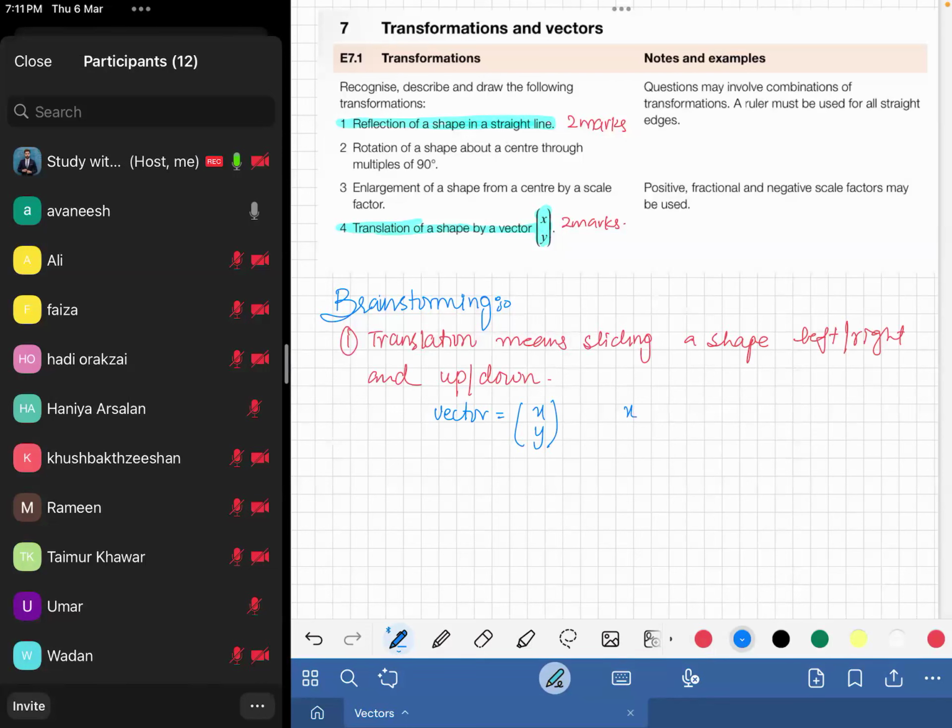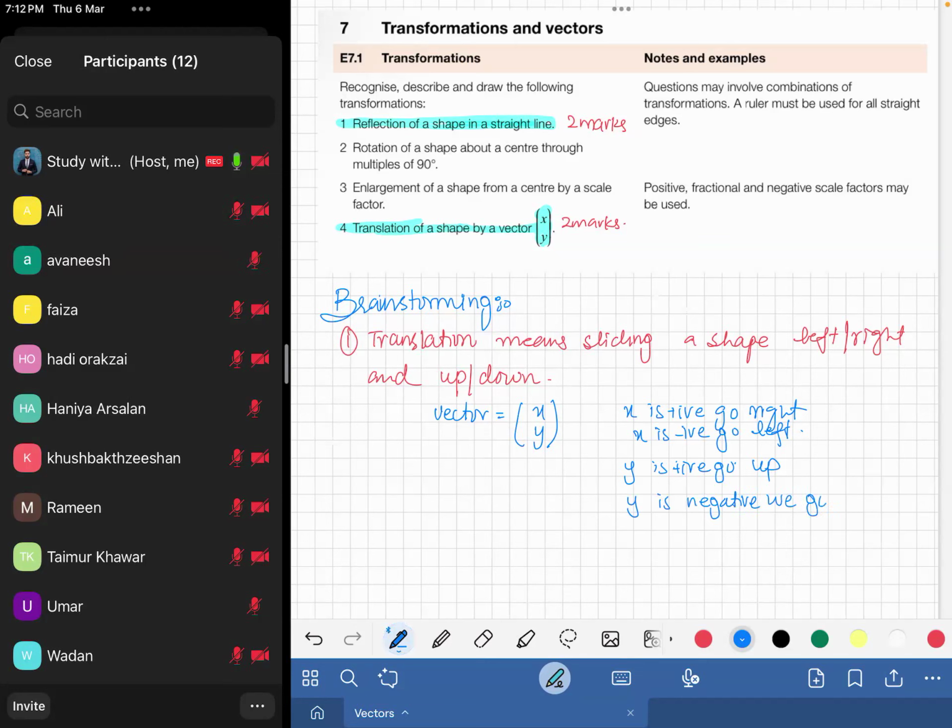When x is positive, we go right. When x is negative, we go left. When y is positive, we go up. When y is negative, we go down. That was regarding translation.